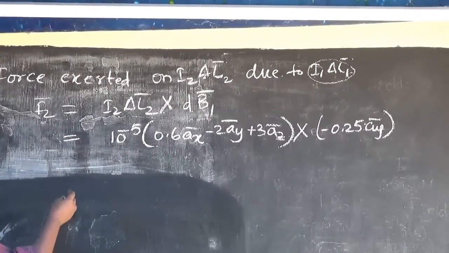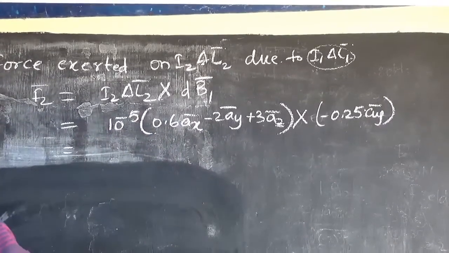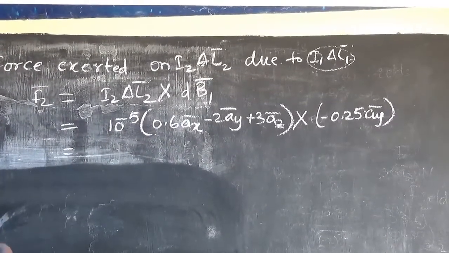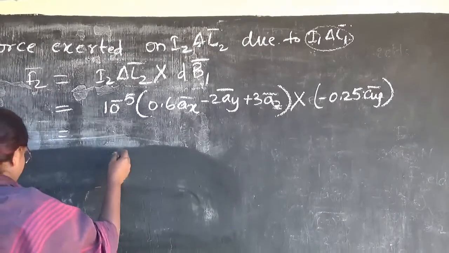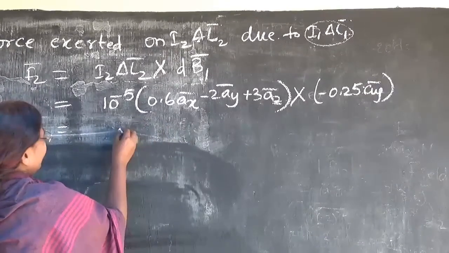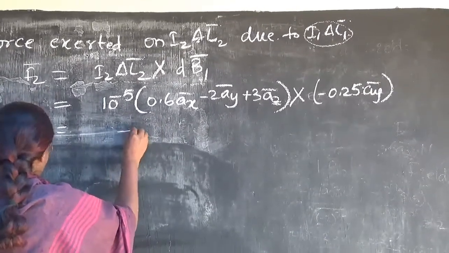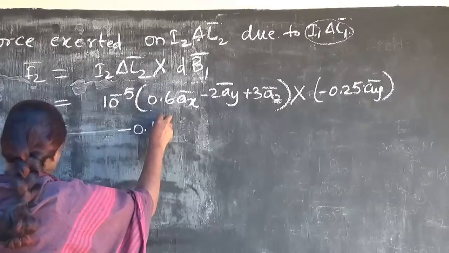For the multiplication, 0.6 into 0.25 will give minus 0.15.